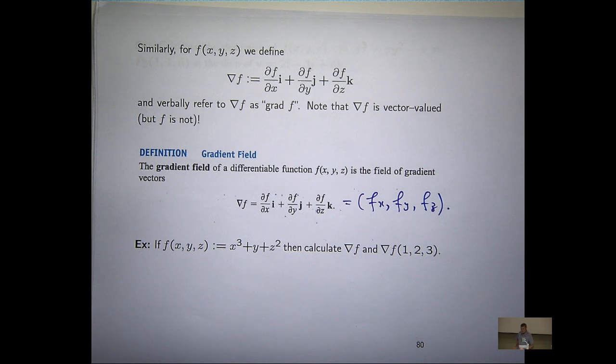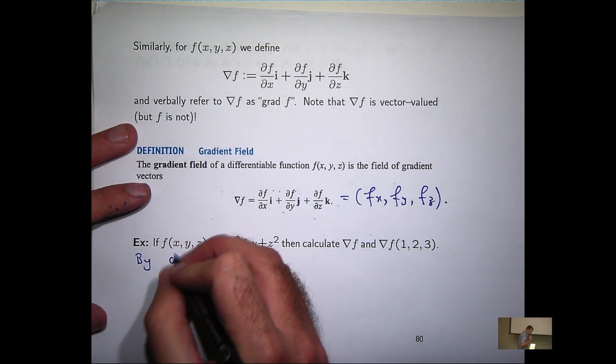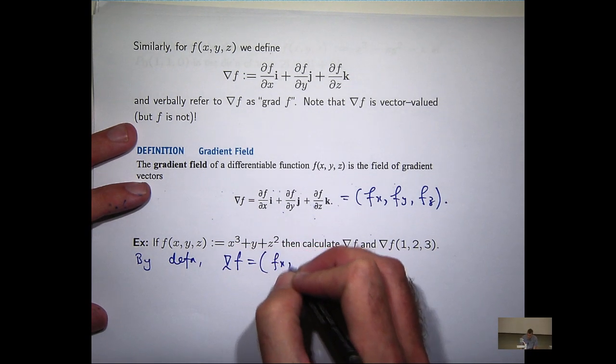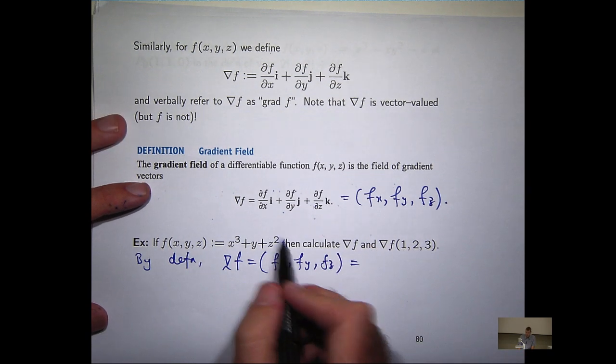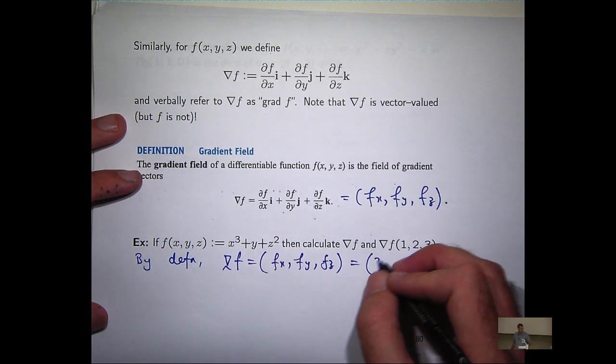Okay, simple example. Here's a function of 3 variables. Let's calculate grad f. Okay, differentiate partially and write them all as components.